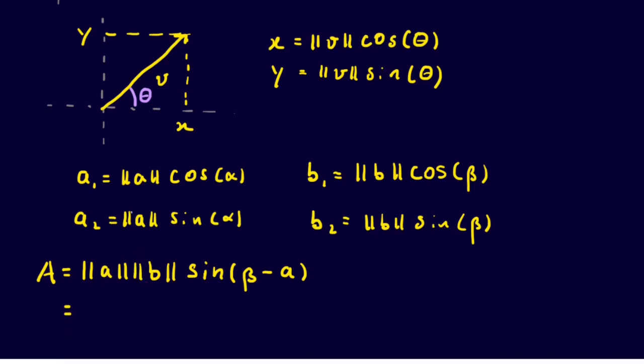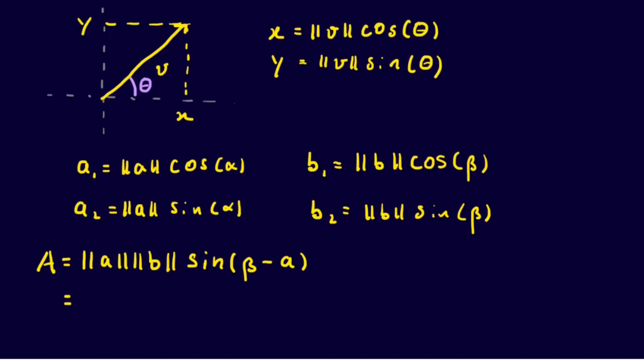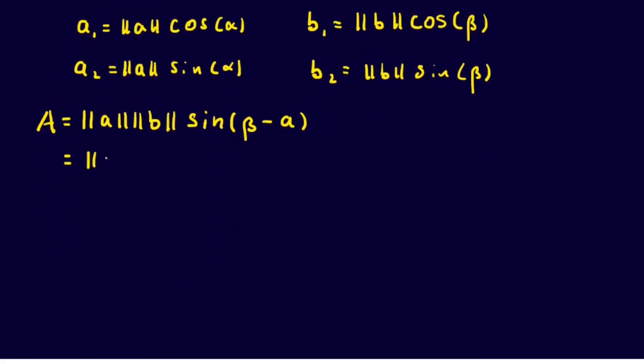So we can't apply these formulas directly. First, we'll have to rewrite this sine. So this is equal to the length of A times the length of B times cos alpha sine beta minus sine alpha cos beta.